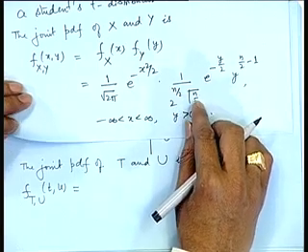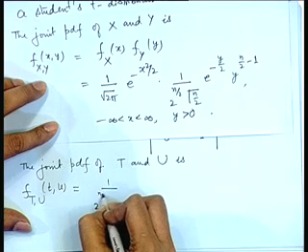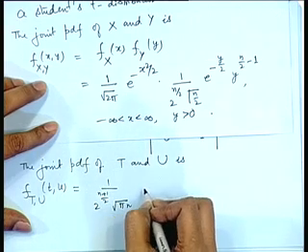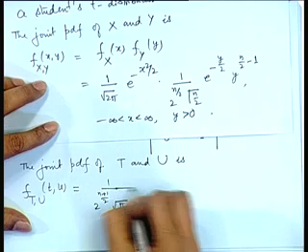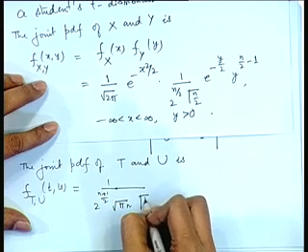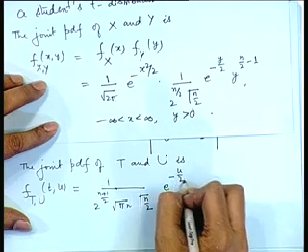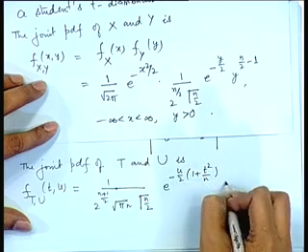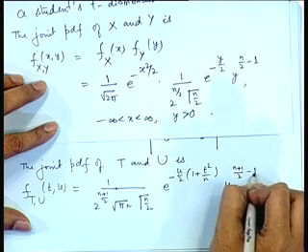So, we combine it together, it becomes 1 by 2 to the power n plus 1 by 2, root pi n, gamma n by 2, e to the power minus u by 2 times 1 plus t square by n, u to the power n plus 1 by 2 minus 1.